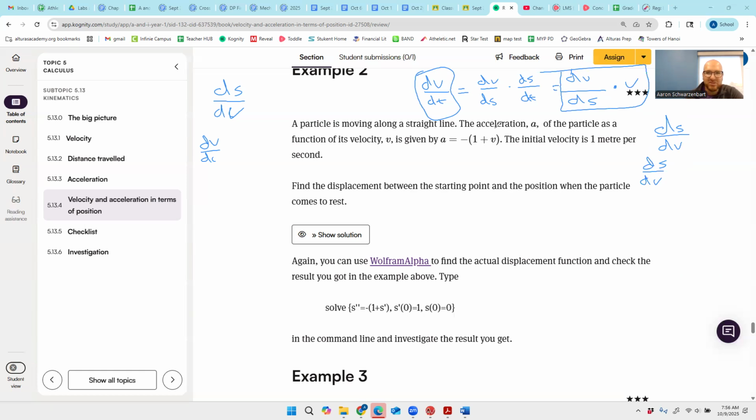They did not show this work. So I'm trying to figure out how they get it to be this. So I'm trying to get that by itself.